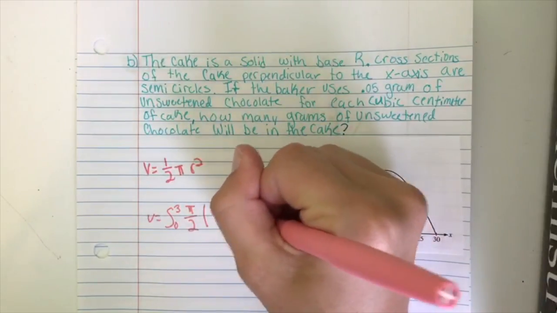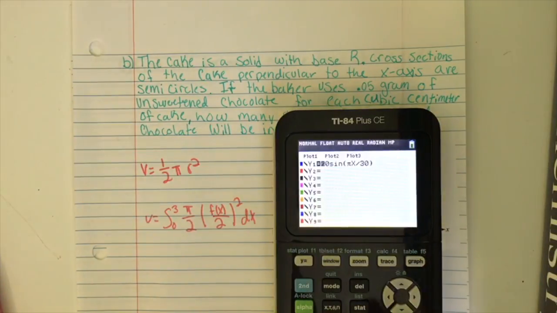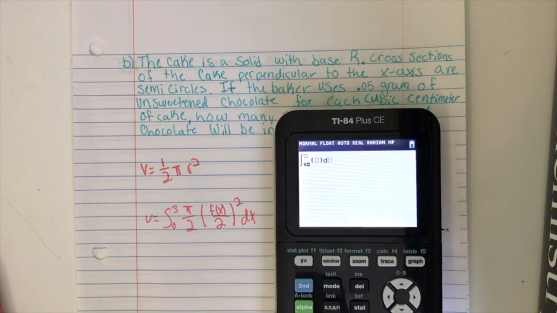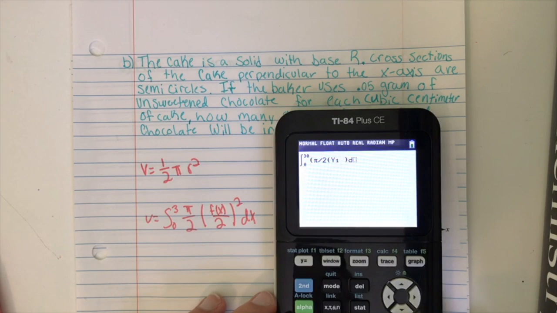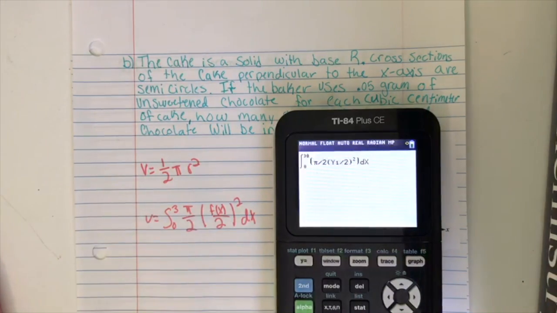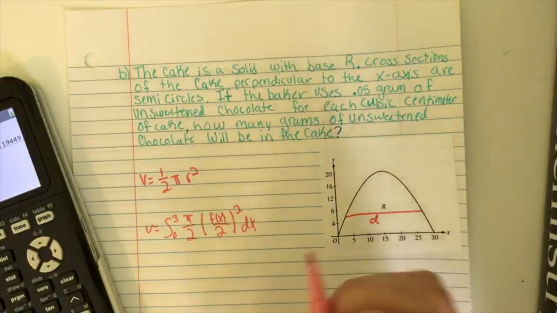So then you'll plug it into your calculator, and I already have it in y equals, and so then you go to take the integral from 0 to 30 of pi over 2 times the function, and that is going to equal 2,356.194 centimeters cubed.